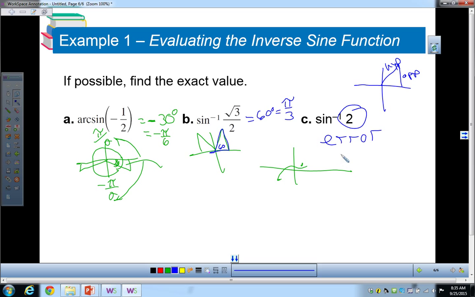And remember that the domain of inverse sine of x only goes from negative 1 up to positive 1. So you can't plug in a number that's less than negative 1 or bigger than positive 1.